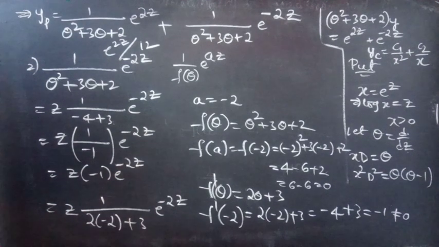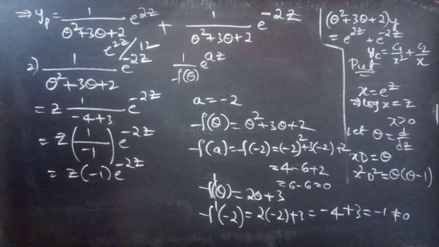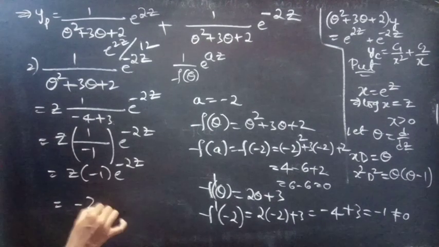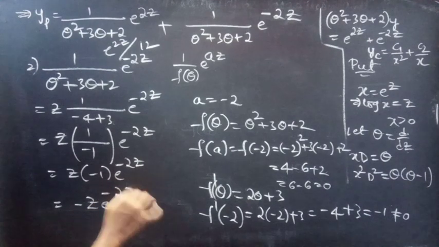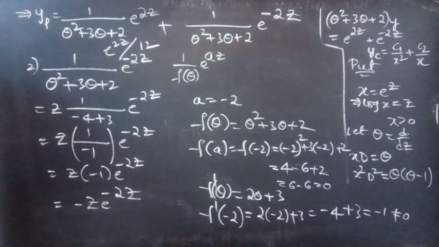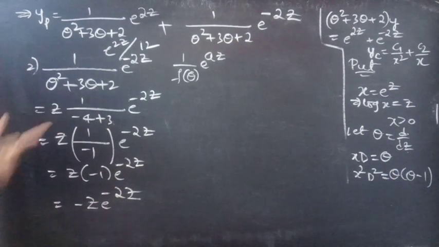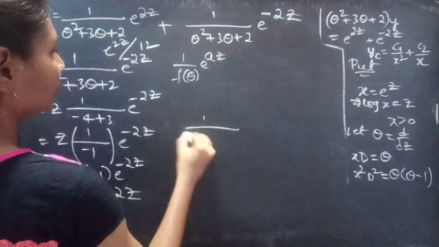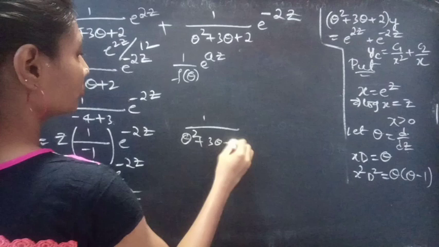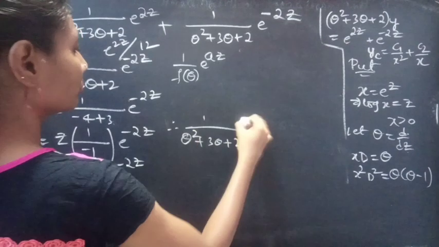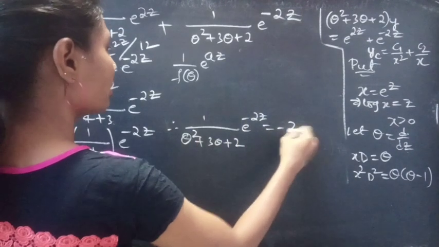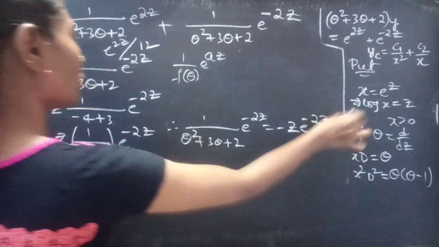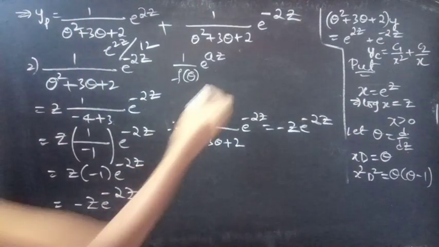Which is equal to minus z e power minus 2z. So the result obtained from the second term is minus z e power minus 2z, right?